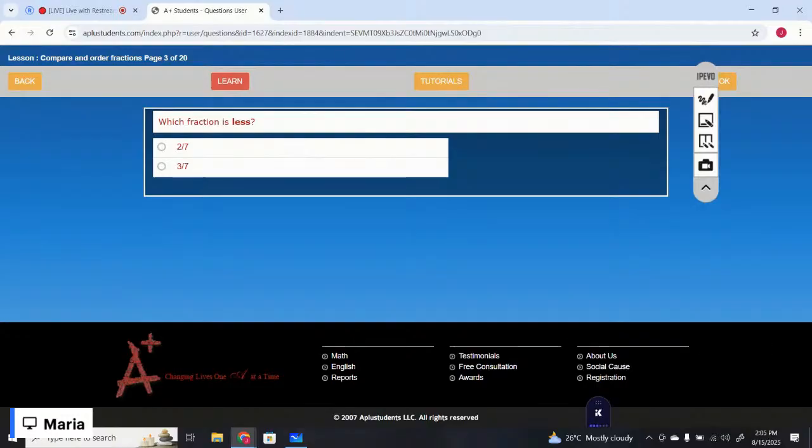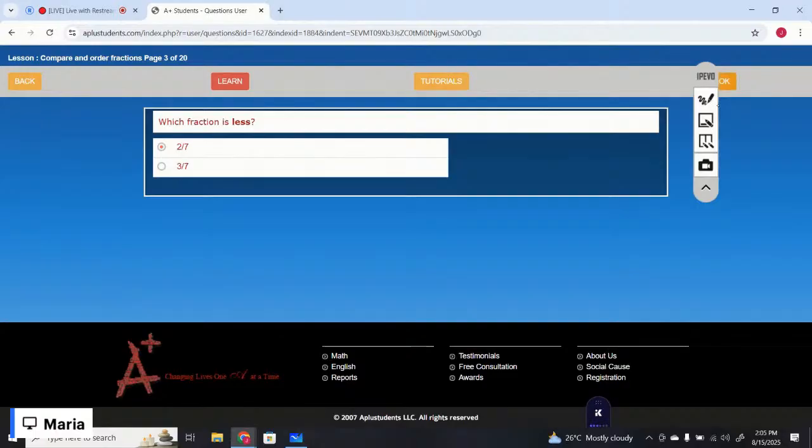Which fraction is less? 2 out of 7 or 3 out of 7? So 2 out of 7 is less than 3 out of 7.